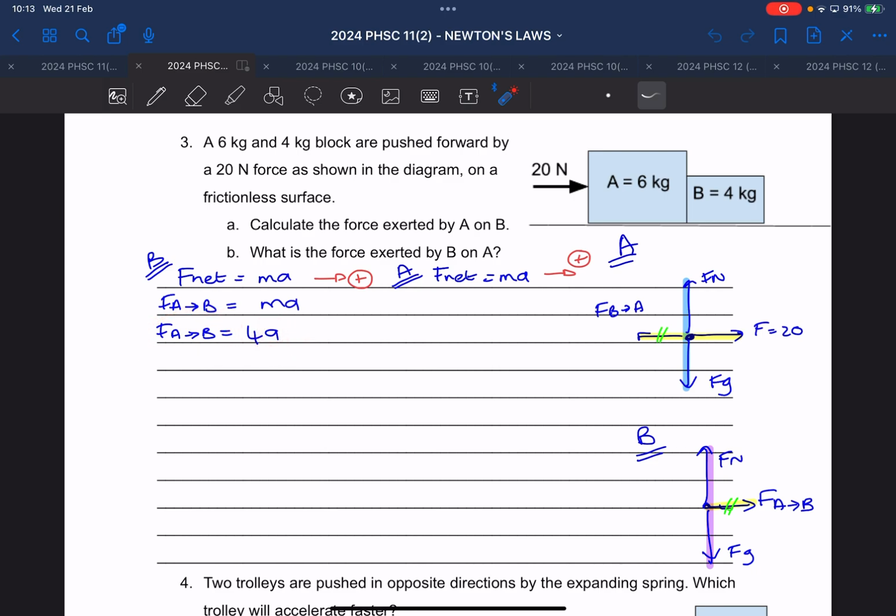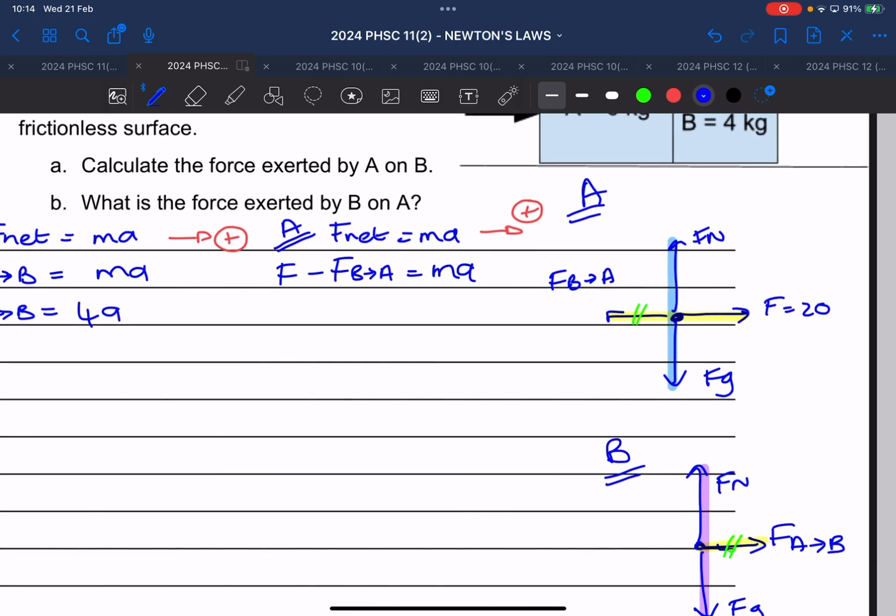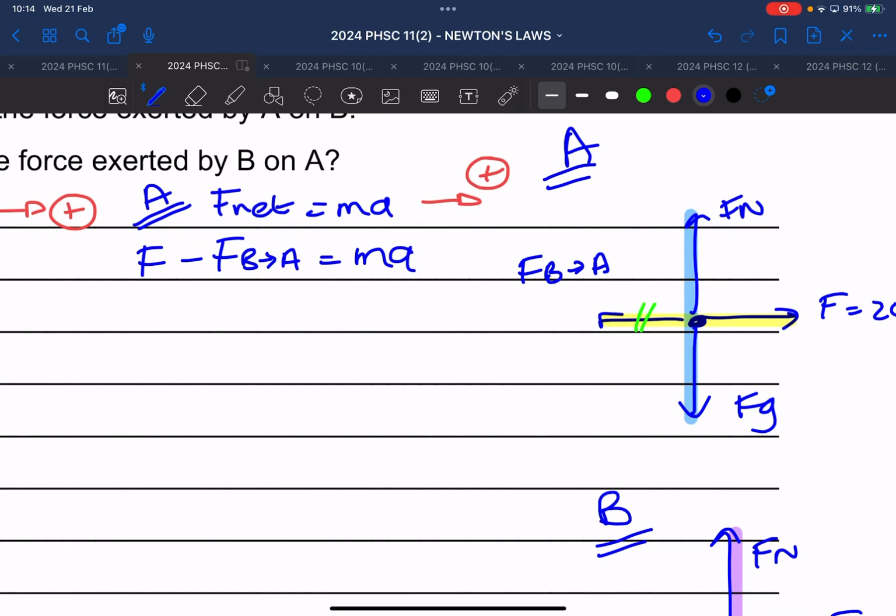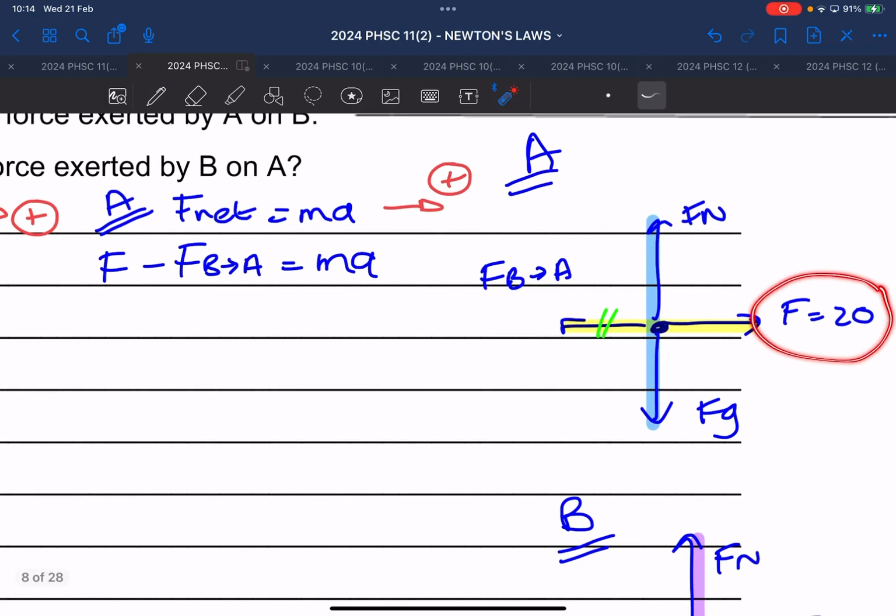Then we said, okay, let's look at A first. For A, F net is equal to m times a, Newton's second law. We choose to the right to be positive because the object is being pushed to the right. So the force to the right is F, and then the force to the left, the force that B exerts on A, is equal to m times a. Force F is 20.